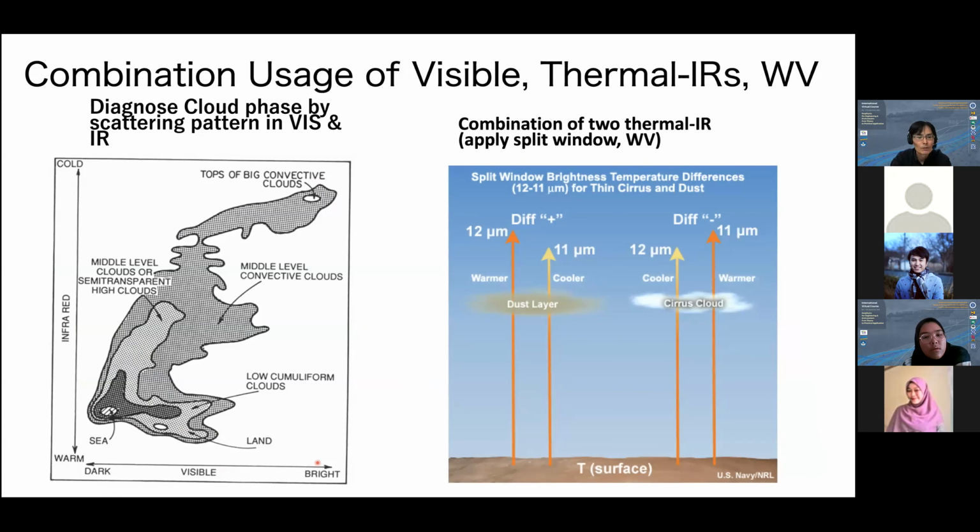For example, in the visible wavelengths, the reflectivity is high, and the thermal infrared becomes colder. Low temperatures are detected in the tops of a big convective cloud.